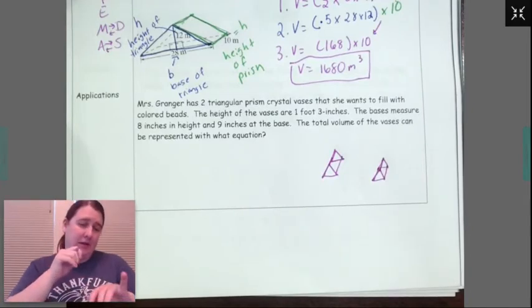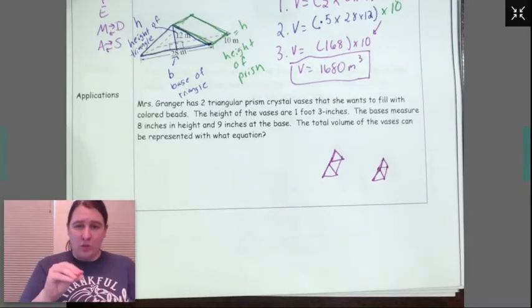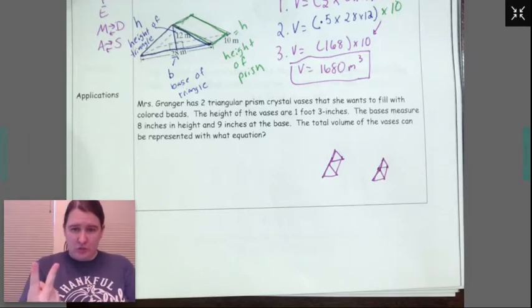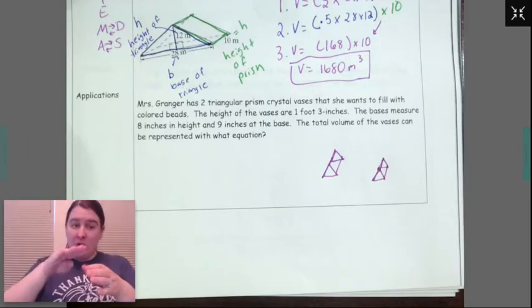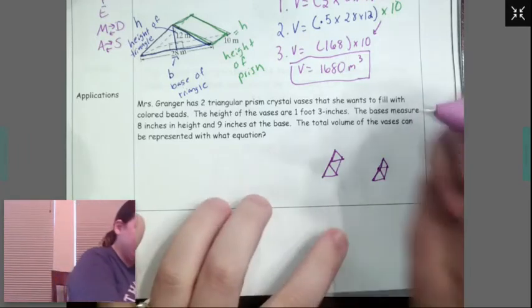Best of my ability. So, it says there are two. She wants to fill, which means volume.